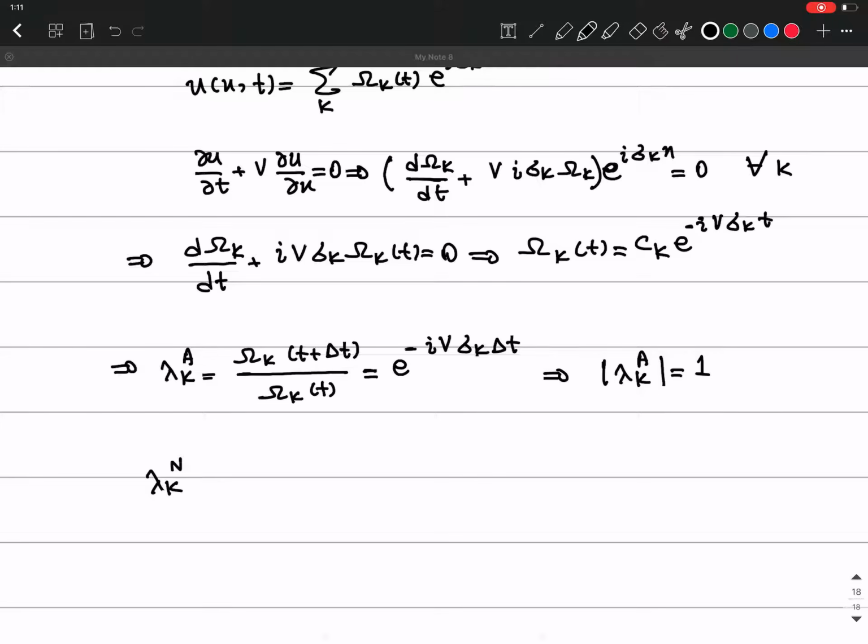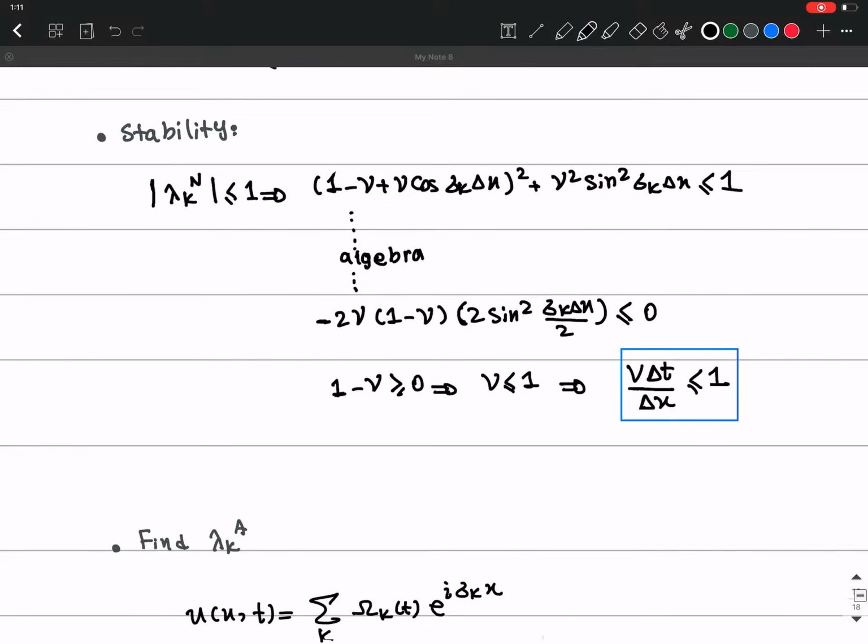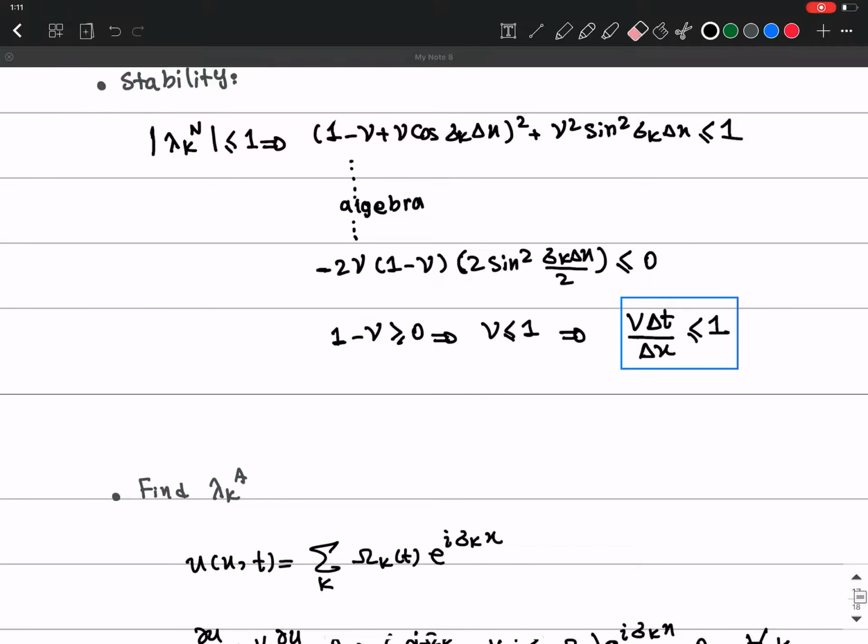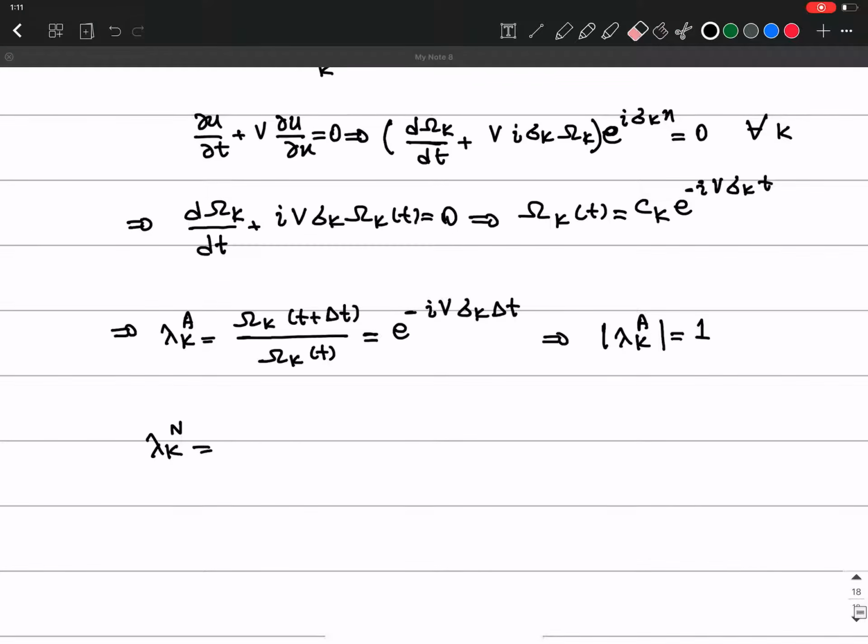And so the numerical lambda k was what? We had it here: 1 minus nu plus nu cosine sigma k delta x minus i nu sine sigma k delta x.